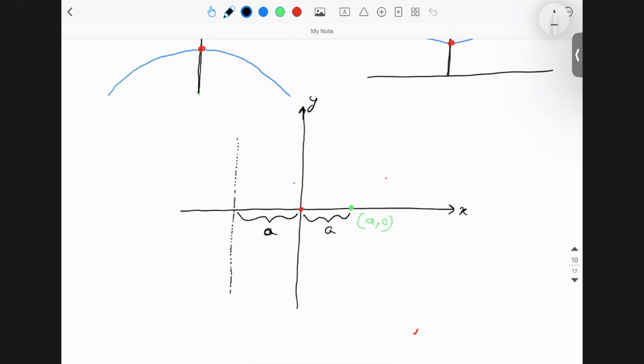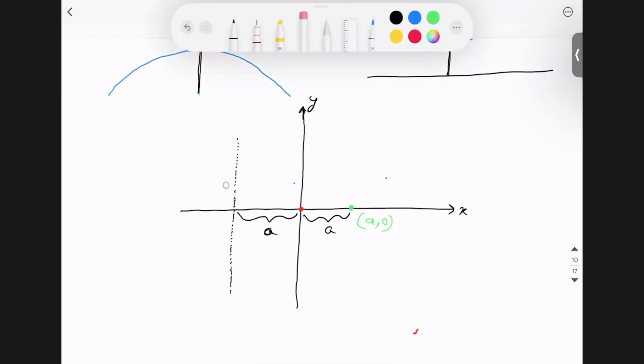So the equation of the straight line will be x equals to not a, it should be minus a.